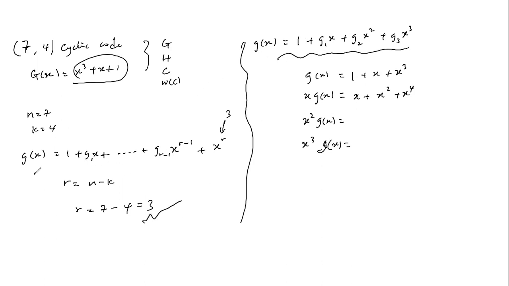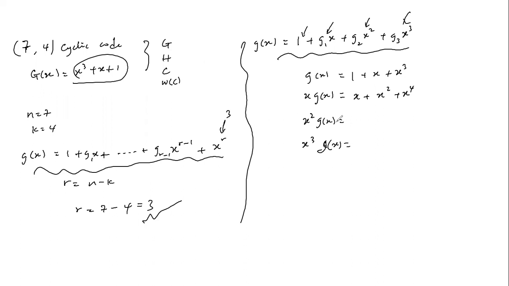And from this equation, we are able to generate this. Given g of x, now we can investigate, or better to get x times g of x component. Then we can get x squared g of x and x cubed g of x, given g of x.